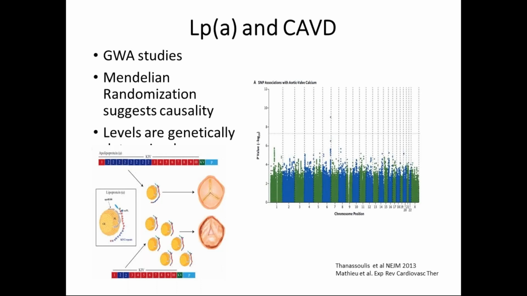We know that the level of this lipoprotein, which is like a low-density lipoprotein but to which an apolipoprotein little a is added to the particle, is determining the level of those particles in circulation. About 25% of the population have a genetically determined elevated level of Lp(a), which is a risk factor for the development of calcific aortic stenosis. Next.